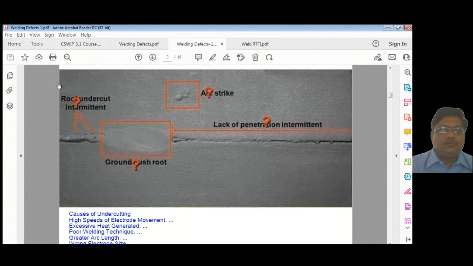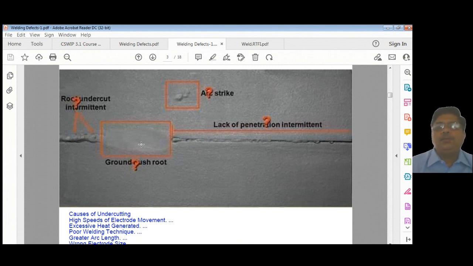So in this template you can see a bit of undercut, root intermittent, then ground flush. Grinding in the root is not permitted. If you are a welding inspector, you should know that it is permitted only when there is access from the backside, and that access also has to be stated in your WPS, whether it is an access from both sides.